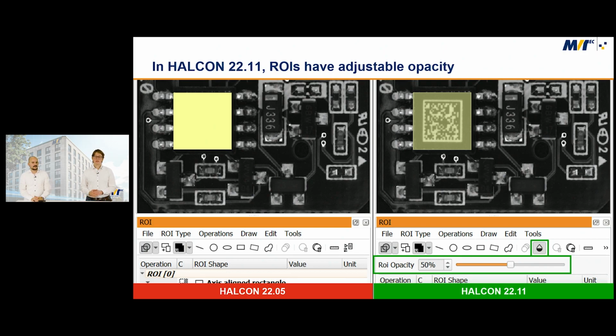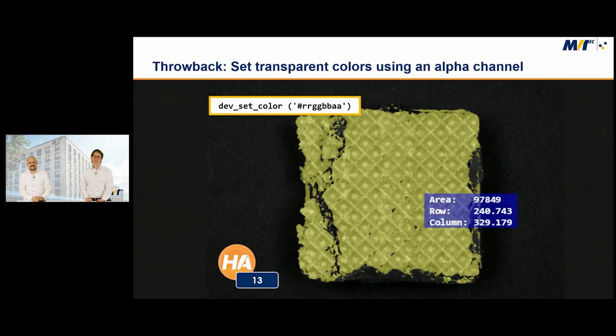And this is just so useful because under an ROI, there's relevant information and you want to see which areas you have segmented. But some of you might say, this isn't a new feature. Well, the slider is. Transparency for regions was actually introduced with HALCON 13, but was only accessible by using set_color.